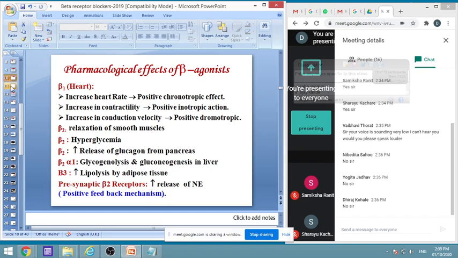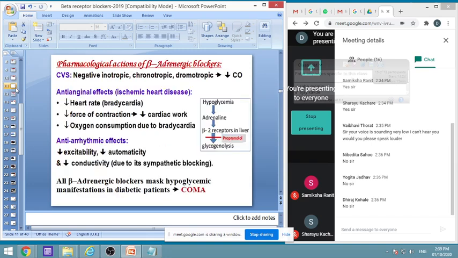So these effects result in this kind of situation, and you might have studied it in fight and flight also, because there also adrenaline and noradrenaline play an important role. Whatever effects you studied earlier in fight and flight, similar effects you will see over here. So what will beta blockers do?